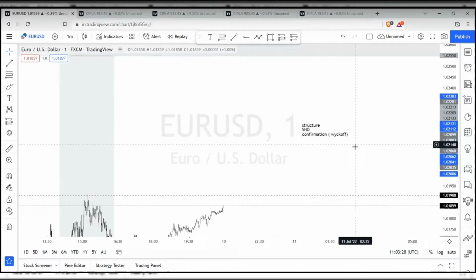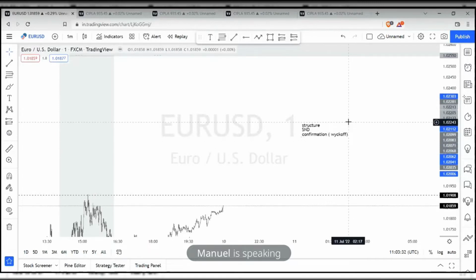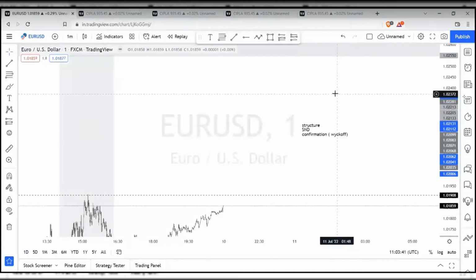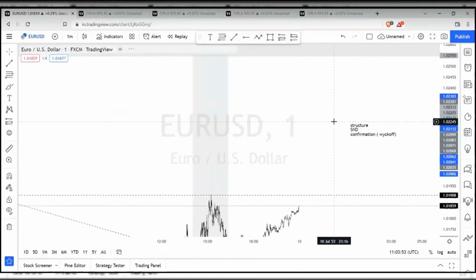So today I want to talk about Wyckoff as well. There are a few other confirmations that I use, such as the double MB boxes, but we are going to talk only about Wyckoff today. So we'll go a little bit into Wyckoff, structure and supply and demand.